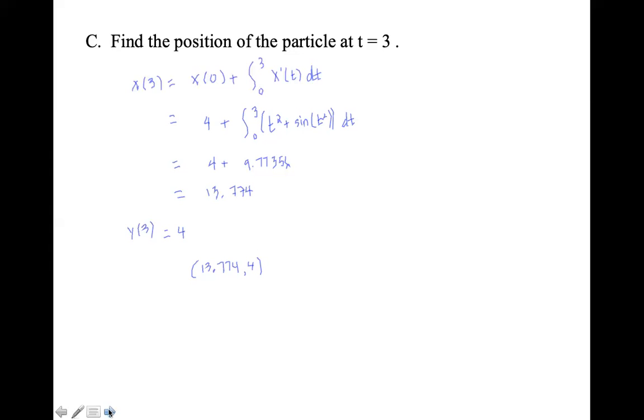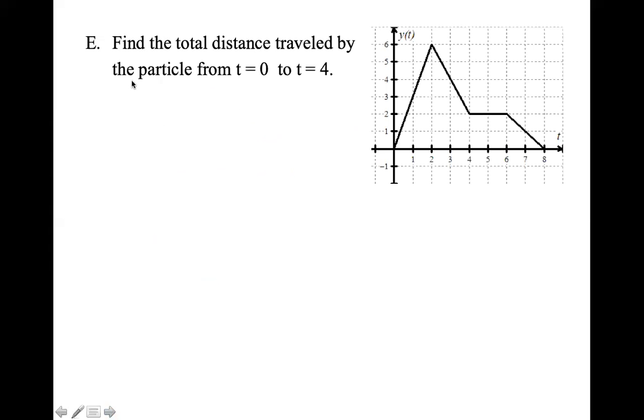All right, let's look at part D. Find the equation of the line tangent to the path of the particle at t equals 3. We've done several of these. We now know the point when t equals 3, so we know the line passes through that point. We got our x of 3 from the last problem.